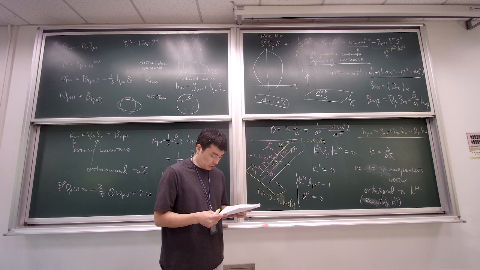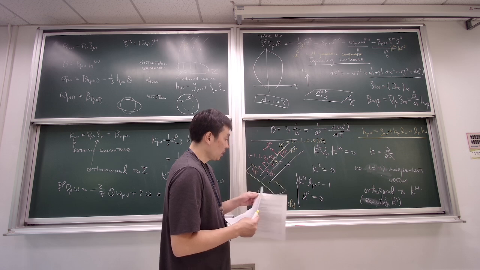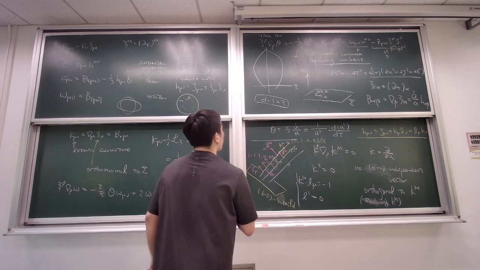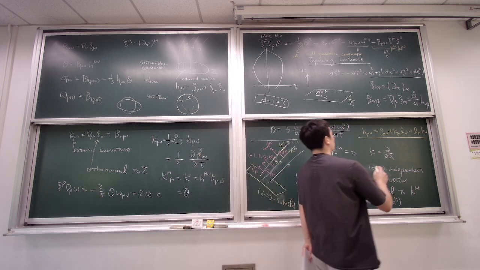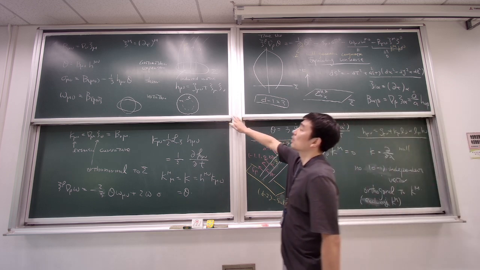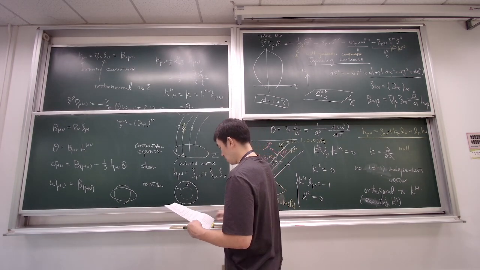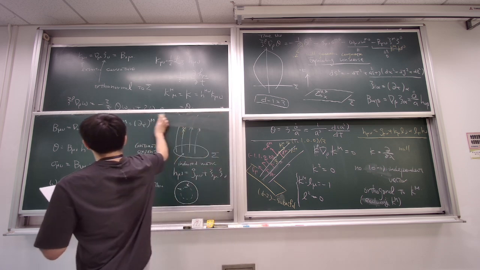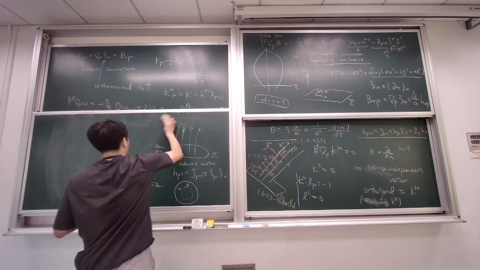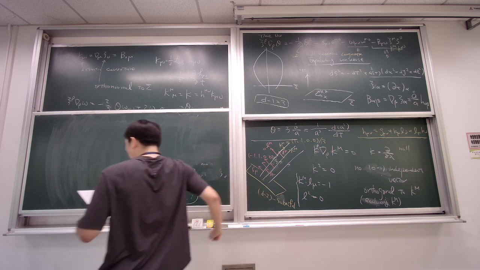Then you can define B mu nu, for the null case.